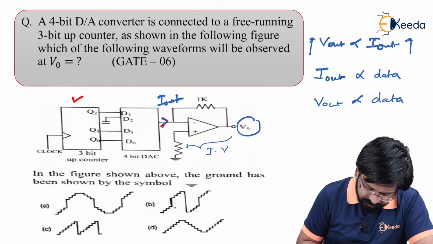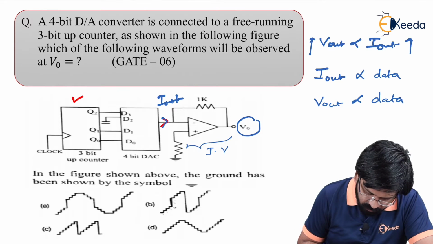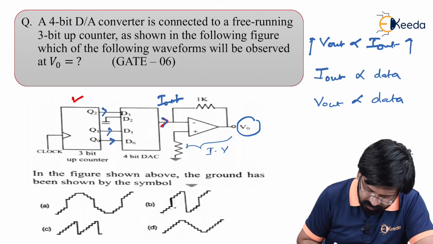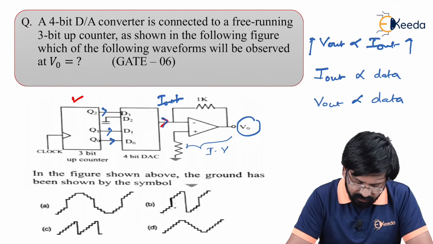As you can see, this output of the counter is given to the 4-bit DAC. You have to be very careful.